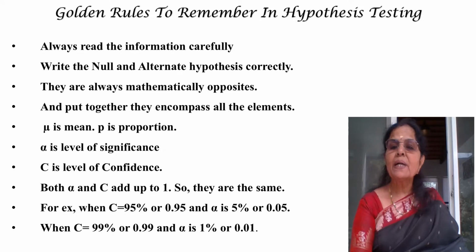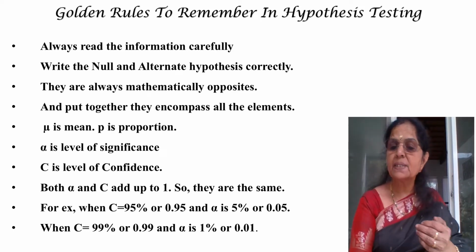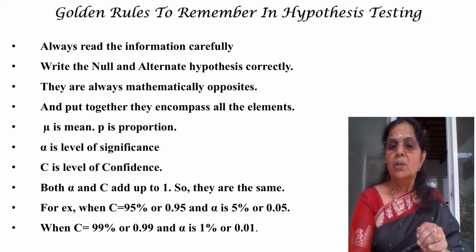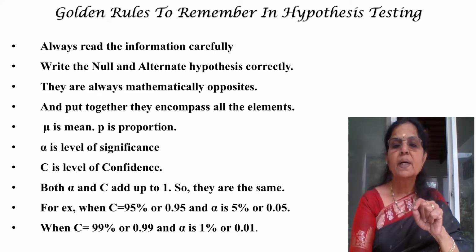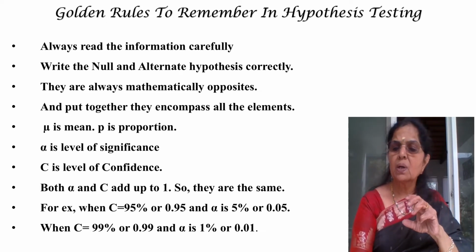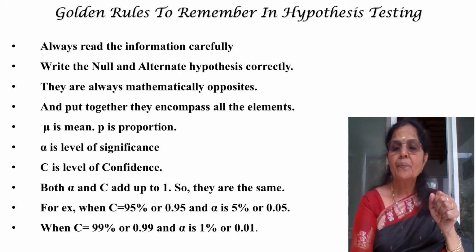They are always mathematically opposite. That means the alternate hypothesis is whatever the null hypothesis is not. So when you put together the null hypothesis and the alternate hypothesis, they should include all the elements. And about this we'll be seeing later in the next slide.